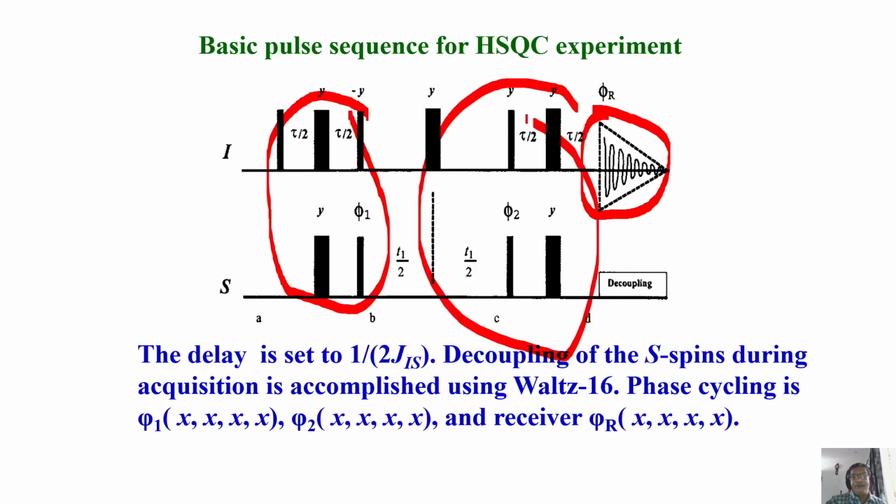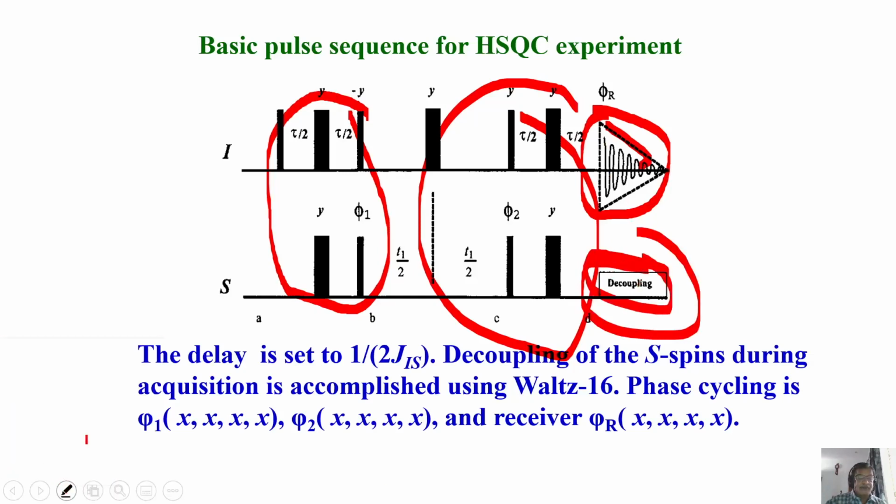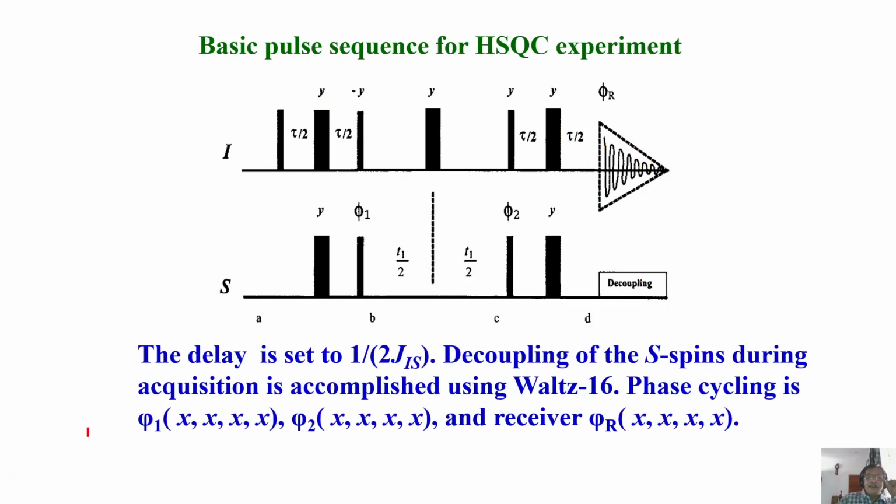In this block, we take it back from carbon to proton, and then start seeing the proton signal while decoupling carbon. We observe proton, decouple carbon. That is the interesting part of this experiment. Inverse experiment means we detect proton and indirectly get information about the coupled carbon.